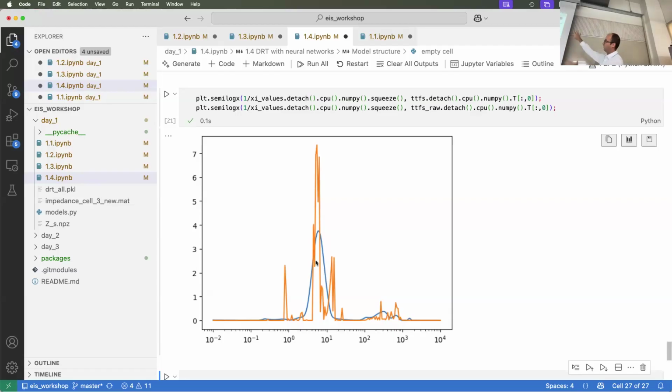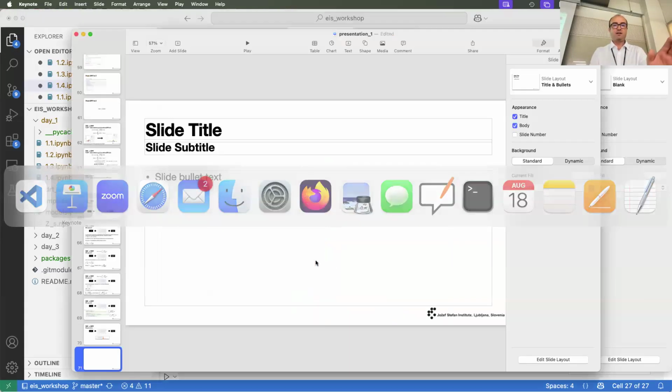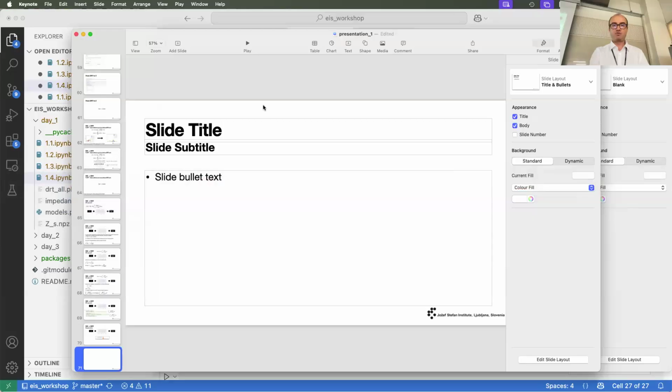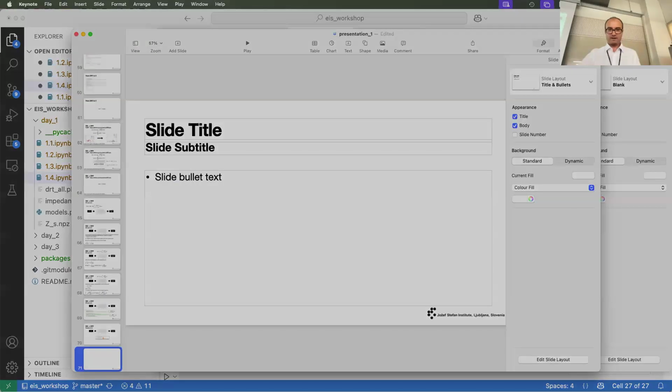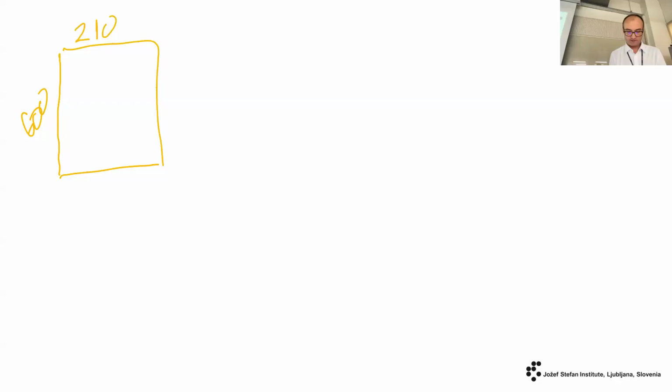So to recap what this last slide was, and with that, I'm going to wrap up today's session. Let me put one more slide and draw it so that you will get an idea what happened altogether. Okay. So what I have is I had 600 ice curves, each with 210 frequencies.